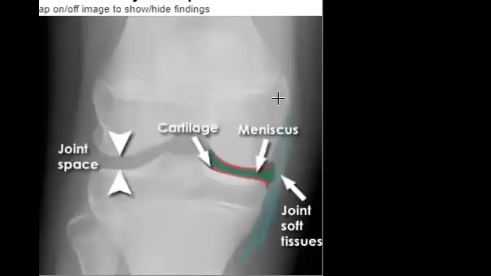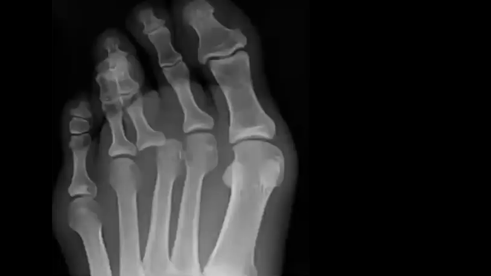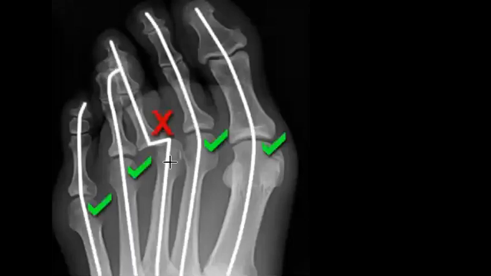In the knee again, the site of the meniscus will be here, and the cartilage, the joint space, and the soft tissue of the joint capsule. It's good to know that, for example, in this patient, he has what is called malalignment, as you see here.